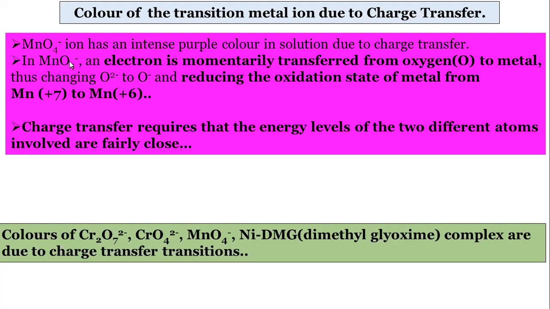If one electron is transferred to manganese, oxygen changes from O2 minus to O minus, and the oxidation state of the metal is reduced from +7 to +6, because one electron is transferred from oxygen to manganese, remember. Due to this charge transfer, the purple color appears.